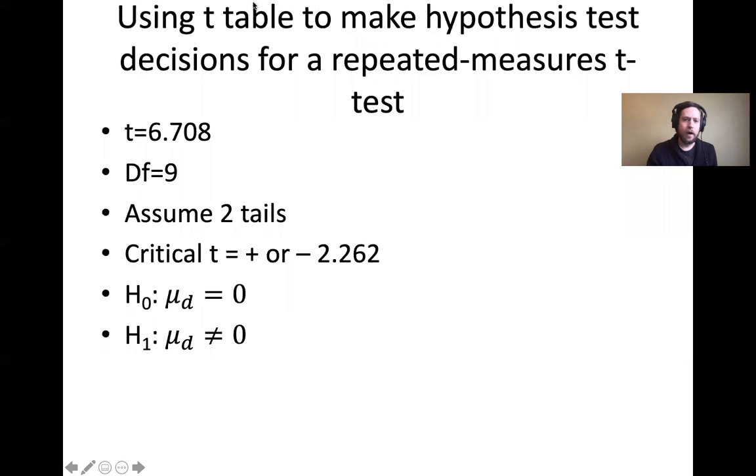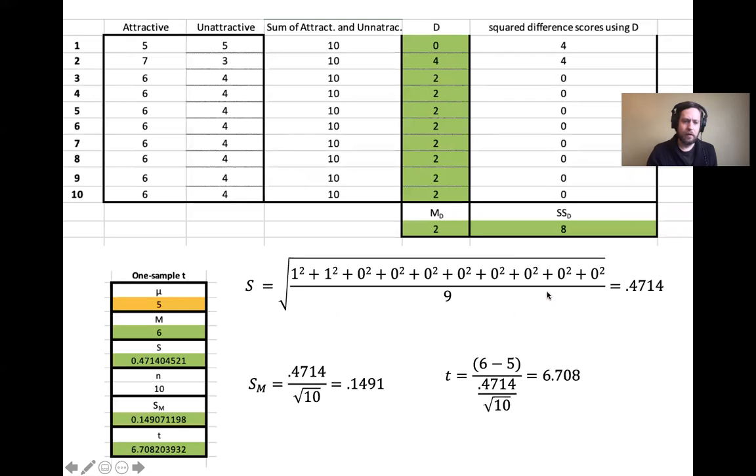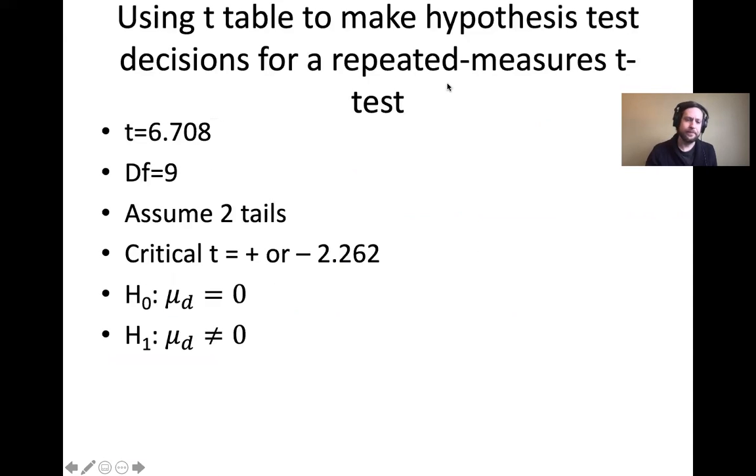So let's go ahead and get some practice using the t table. It's been a little bit of time since we've used it. So remembering once again that we had 10 participants or 10 difference scores, our sample size was 10.